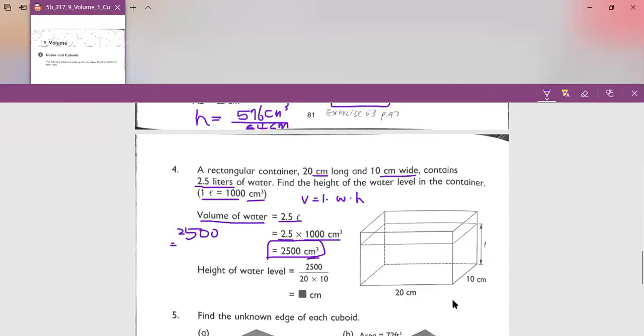The length is 10 centimeters. The length is 10 centimeter. Very good. Okay, and then what is the width? Can someone mute their thing?